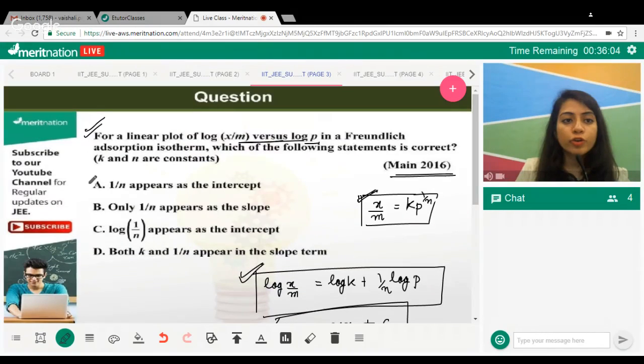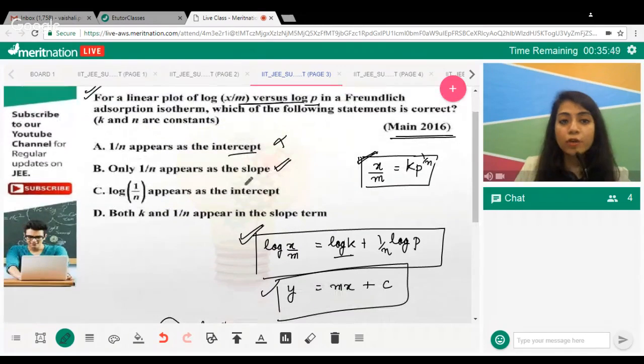So when you look into the options, you can see that the first option is wrong. The intercept here is log k. Only 1 by n appears as a slope, and that is absolutely right. Log 1 by n appears as the intercept? No, log 1 by n is not the intercept; log k is the intercept here. Both k and 1 by n appear in the slope term?